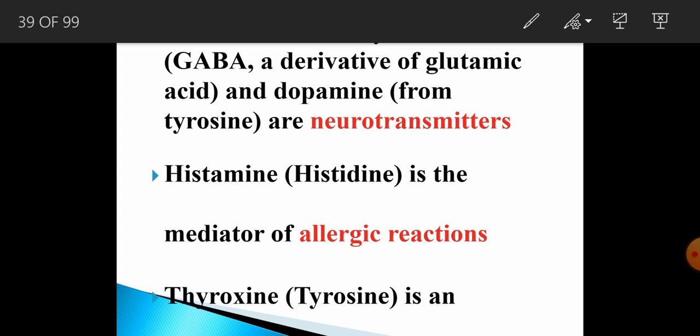Histamine is derived from histidine, and it is very important for the immune system. Some people have allergic reactions, and they can sometimes use antihistamine to inhibit the allergic reaction. Also thyroxine, derived from the amino acid tyrosine, is very important. We know that for the goiter.